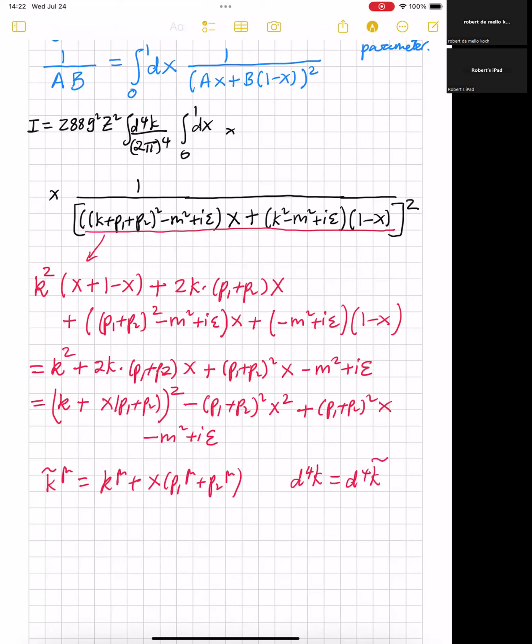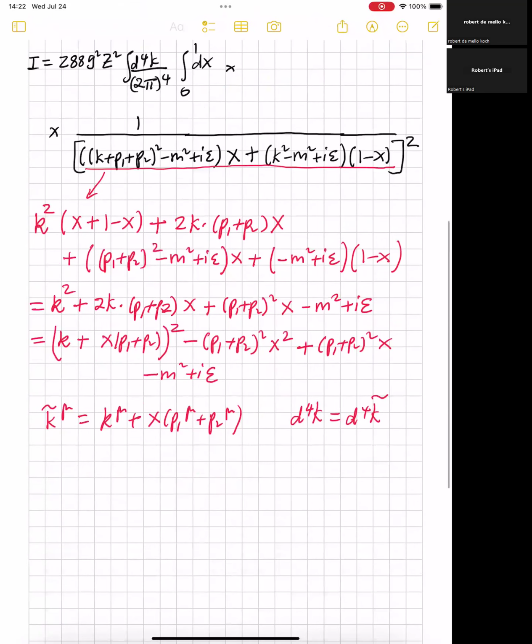So this is a rather trivial change of variables to perform. And in terms of k tilde, what do we have? Okay, so let's put that maybe in brackets. In terms of k tilde, we have k tilde squared plus (p1 plus p2) squared (x minus x squared) minus m squared plus iε.